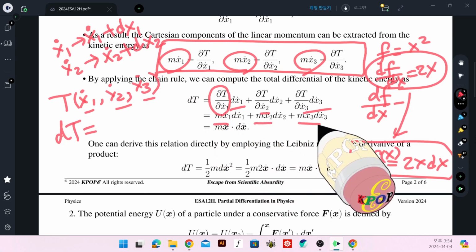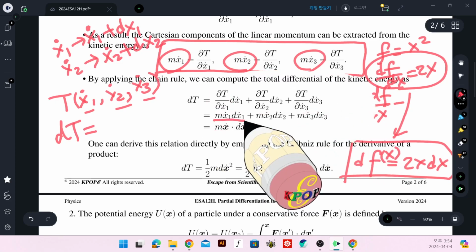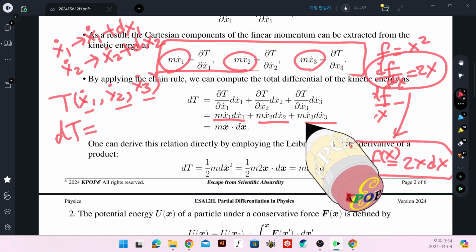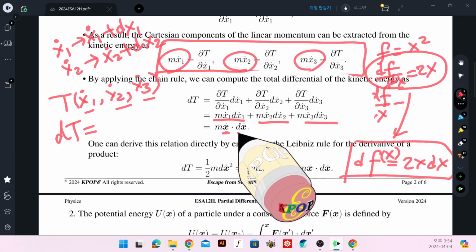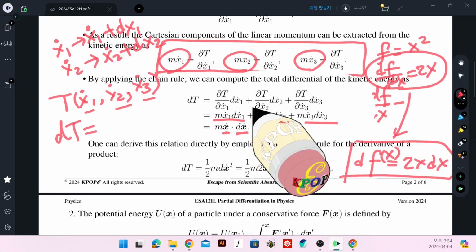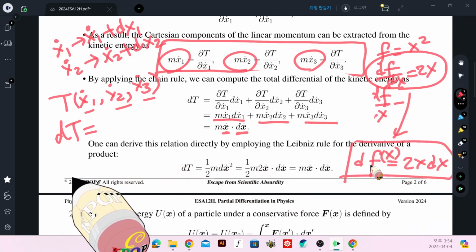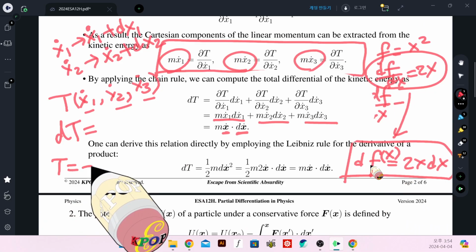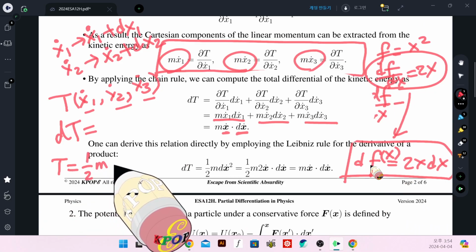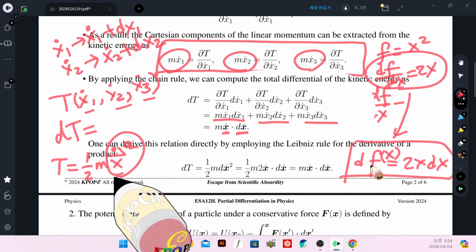Finally, we can find it's nothing but the scalar product between these two. All right. Let's come back to the original form for the kinetic energy. It was x dot squared. That was the scalar product.